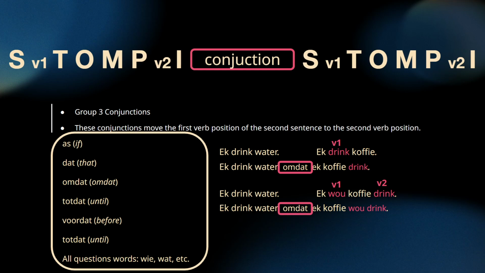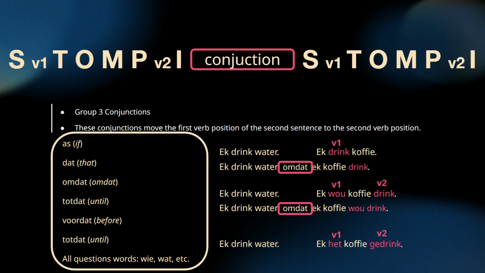That first verb, wou, does not move past a verb 2 that is already occupying the second verb slot because of the order that they need to be written in. Sal, then all of my modal verbs, so that's wou, wou is a modal verb or an auxiliary verb, then my main verbs, so drink, drink is a main verb. So my order of my verbs in my second verb position is correct.